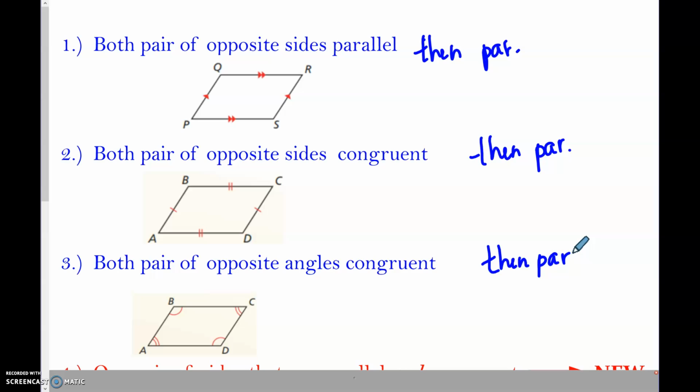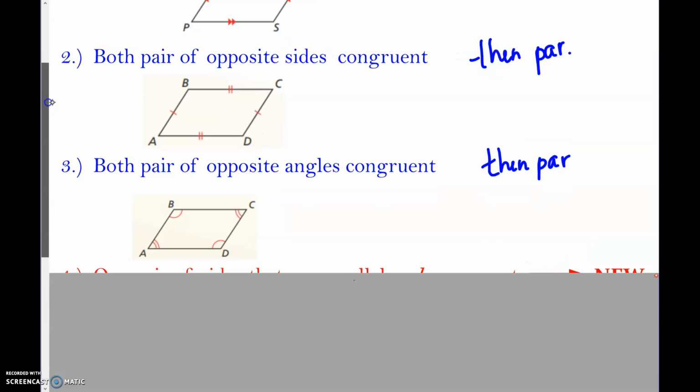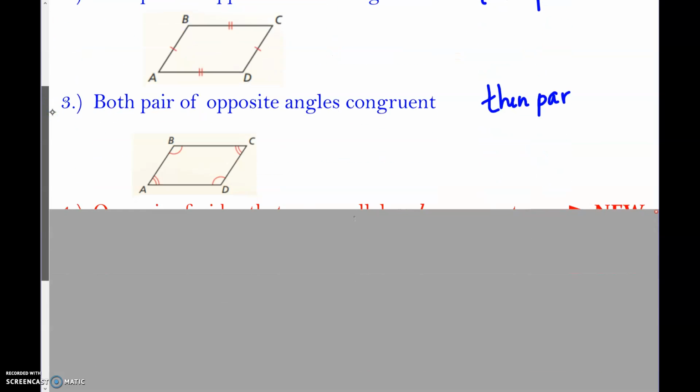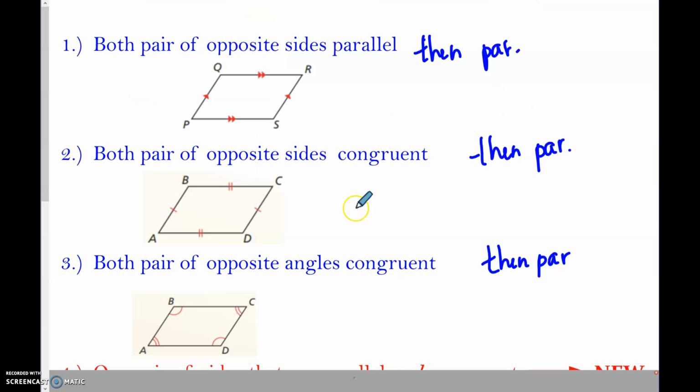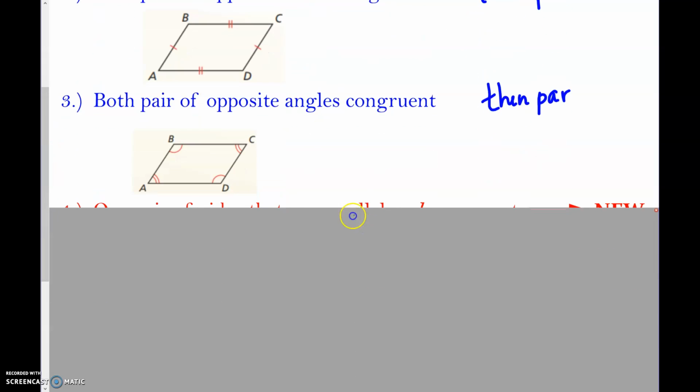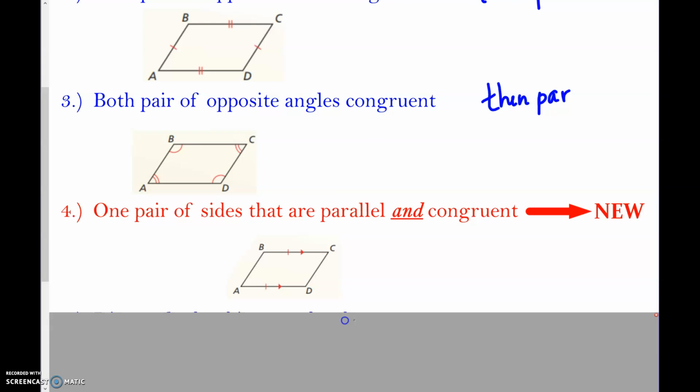Now, you can barely see here, but we've got some red lettering coming up. So this is the one that is new. This is the new one that you have not done before. So if you have one pair of sides that is both congruent and parallel, then we're going to have a parallelogram.